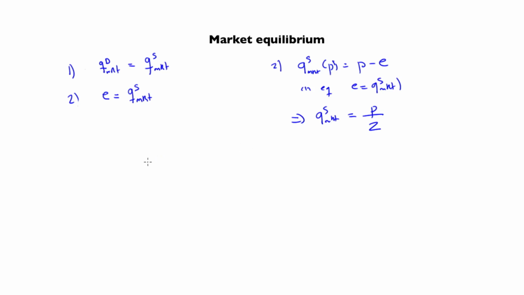Now, substituting in 1, the demand in the market, which is 1000 minus P, has to be equal to the supply in the market, taking into account the effect of the externality. It gives you P over 2, and doing the algebra, P star is equal to 2000 over 3, and Q star is equal to 1000 over 3 units.